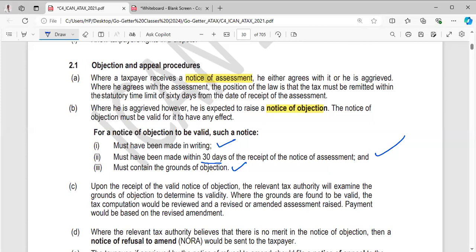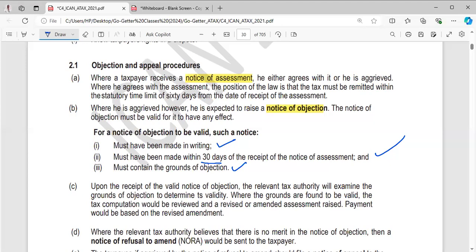So where the grounds are found to be valid, the tax computation will be amended. It will be reviewed, revised and amended, and they will raise an amended assessment. So instead of the original notice of assessment, they will raise something called an amended assessment.